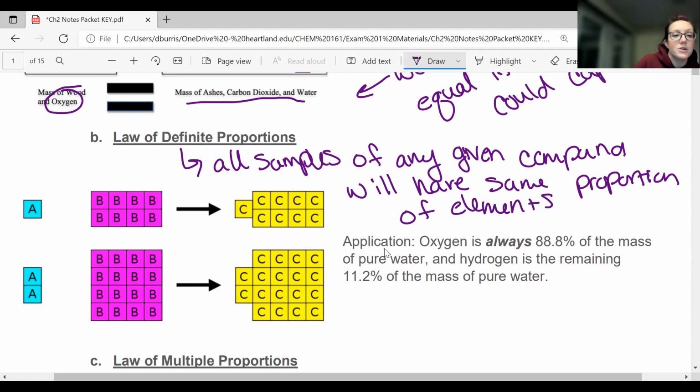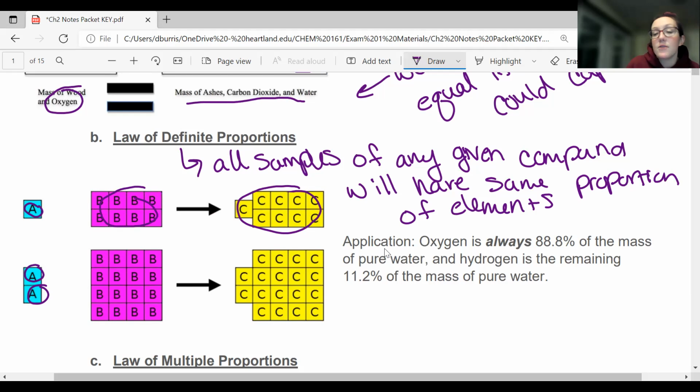Okay, so if you look at the picture example here, 1 A with 8 B's makes 9 C's, law of conservation of mass. And then if I double it, then 2 A's would have to join with 16 B's in order to make 18 C's. Okay, so that's always going to be a ratio or a proportion.